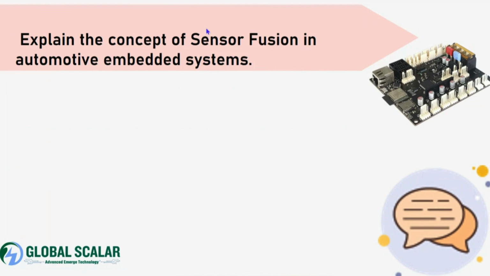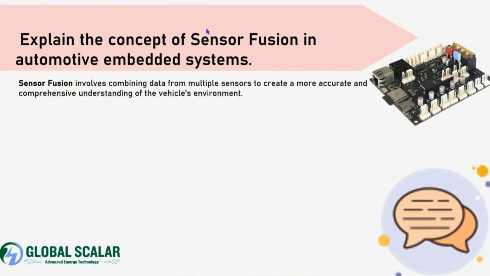Explain the concept of sensor fusion in automotive embedded systems. Sensor fusion involves combining data from multiple sensors to create a more accurate and comprehensive understanding of the vehicle environment.